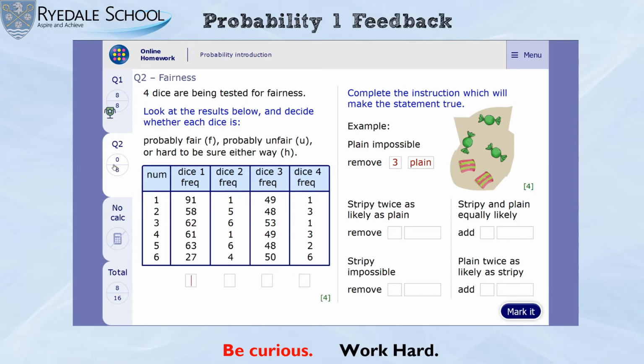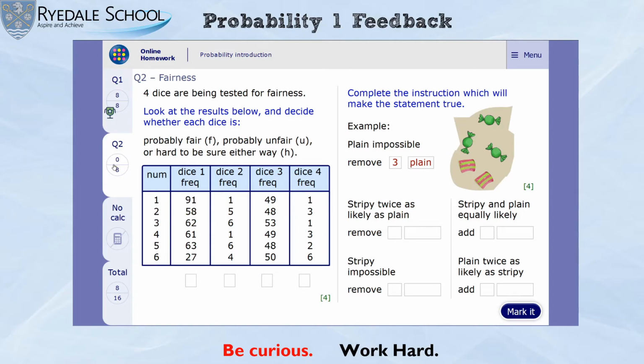Now, for a dice to be fair, you would expect every single outcome, numbers 1 to 6, to occur about the same number of times. But if you haven't rolled the dice many times, it can be quite hard to tell. So that's the kind of criteria that I'm going to use.